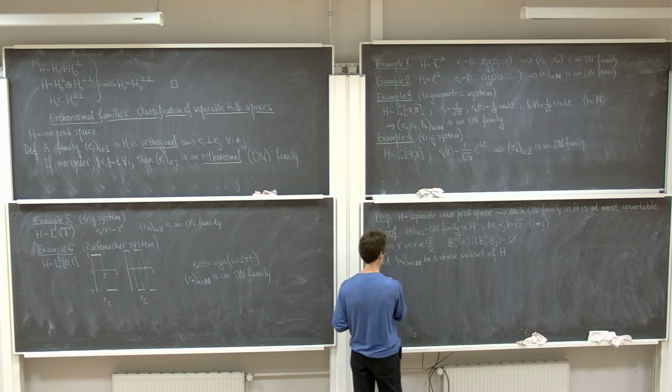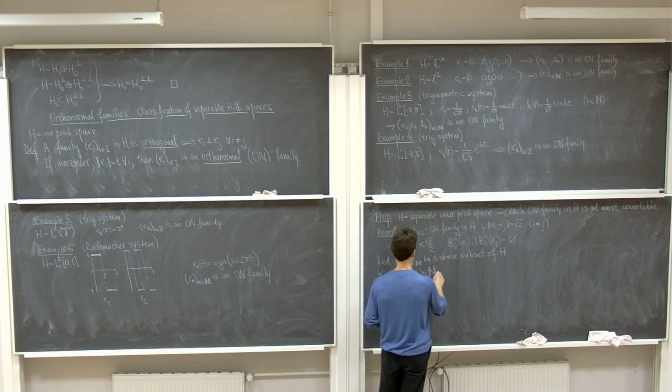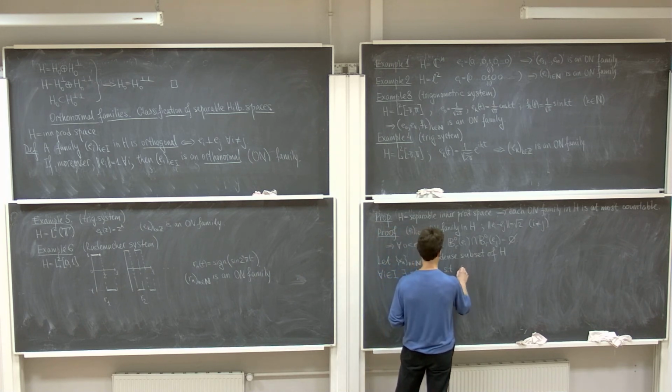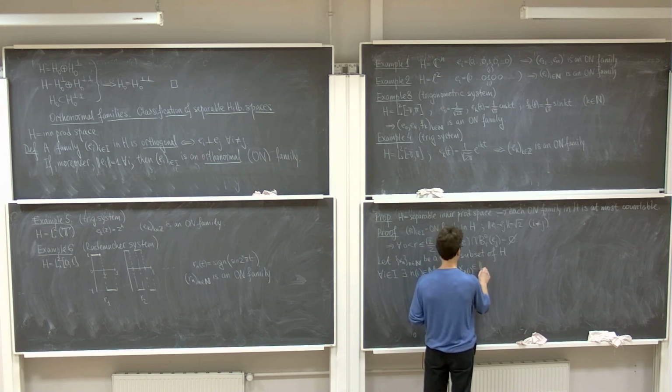So for each i, we can always find a natural number n(i) such that x_n(i) belongs to this ball.